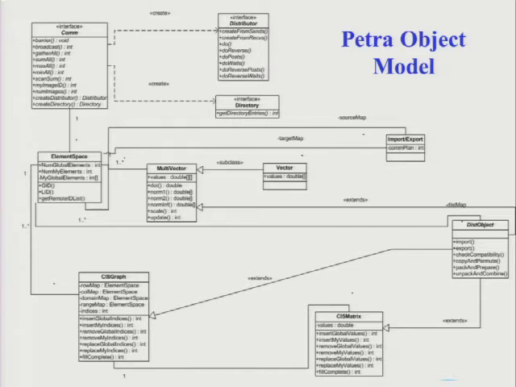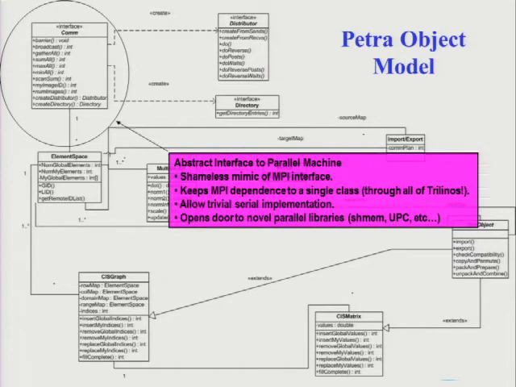For those of you who like UML-like diagrams, here's the UML-like diagram for the Petra object model. I'm not going to go through it in too much detail, but I'll give you the fast version. First object is a communicator, the abstract interface to your parallel machine. It shamelessly mimics MPI because of when we created it.